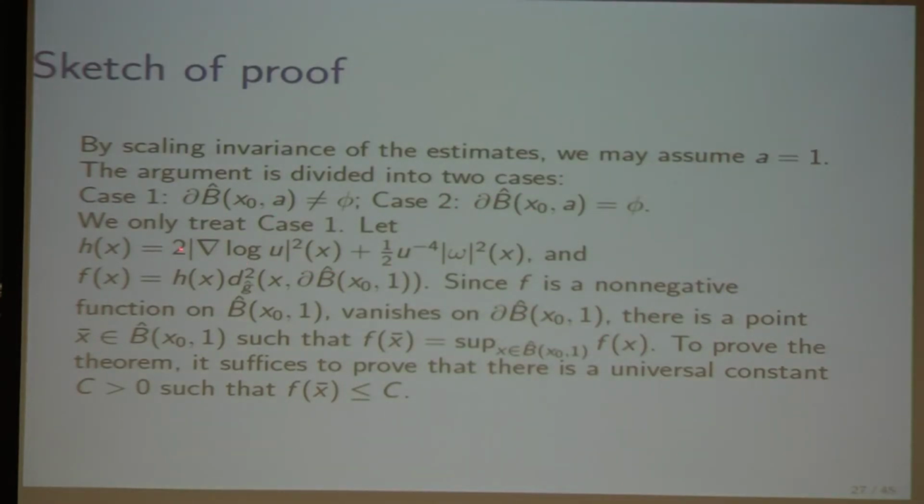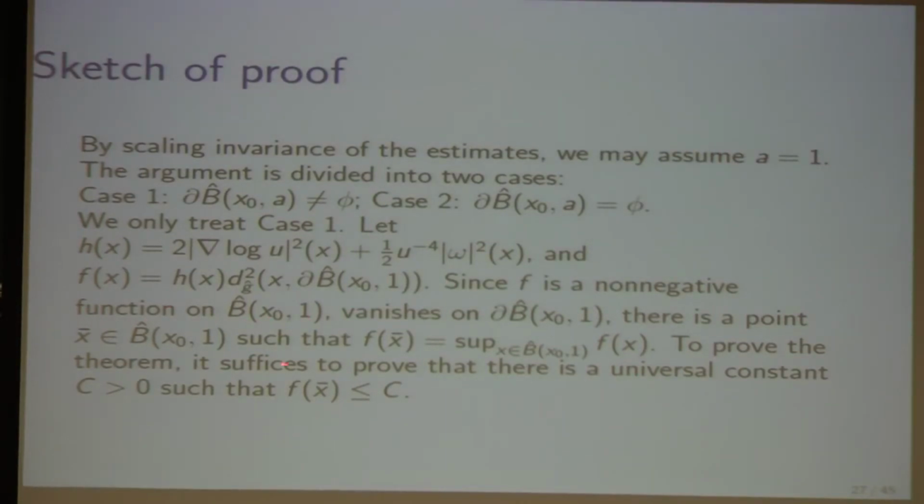In this case, you can consider this H just as the energy function, right? You multiply this function H by some cutoff function, where this is the distance function to the boundary.